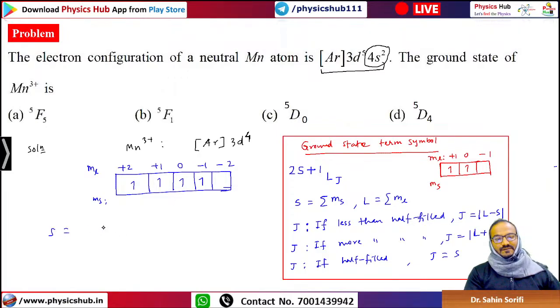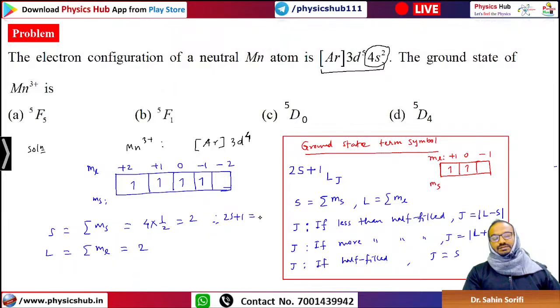So what is S? Sum over ms. Half, how many times? 4 times. So 2. L, sum over ml: plus 2, plus 1, 0, minus 1, so 2. And here 2S plus 1 is 2 into 2 plus 1, 5. It is less than half filled, right? If it is less than half filled, what will be the J value?